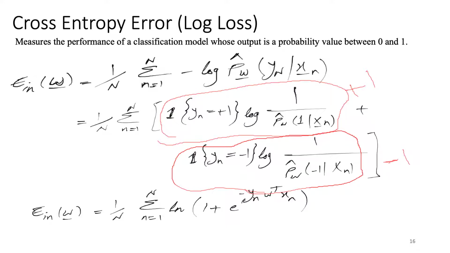And that was the formula you saw, I don't know, 4 or 5 slides ago. These are different ways to derive that E_n, the in-sample error of the W vector.